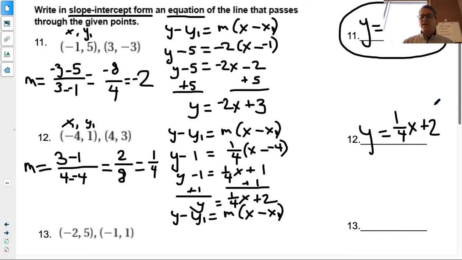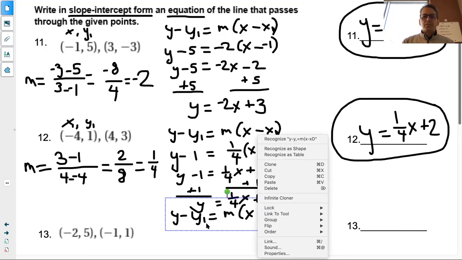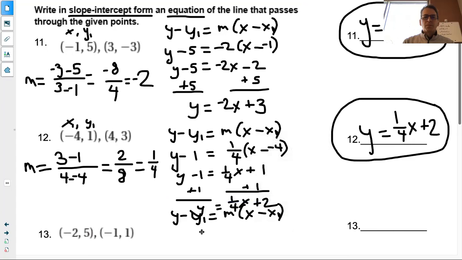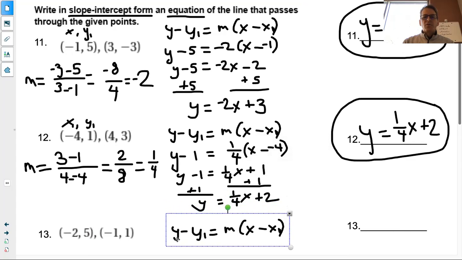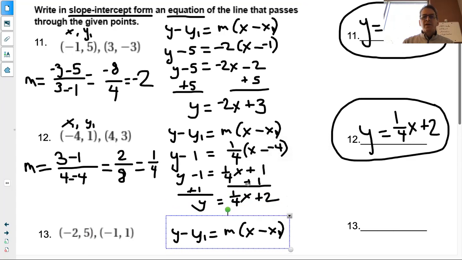And I would circle your answer for that one. I just wanted to move that down a little bit so you can see how I did that last step. So we're writing equation slope intercept form, starting with 2 points.